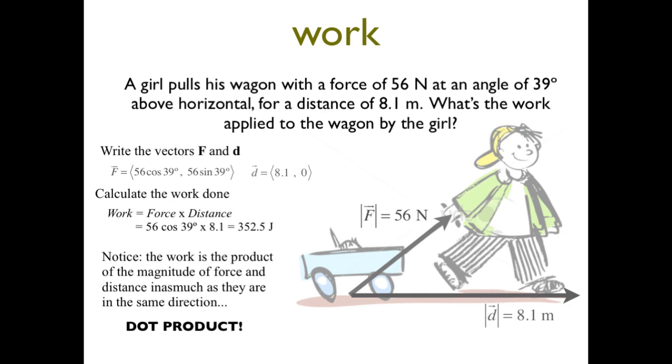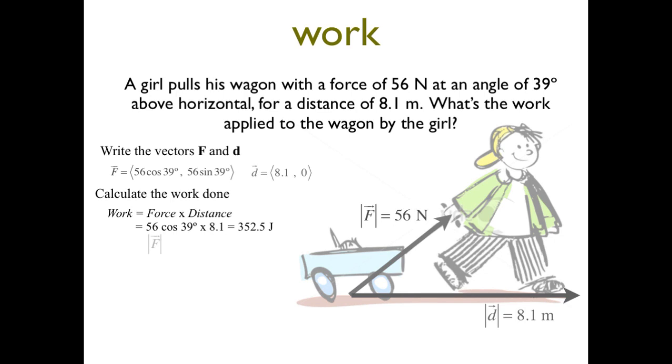Notice that 56 was the magnitude of F, and then we had the cosine of the angle between them, the angle between the vectors when they're tail to tail, call it theta.